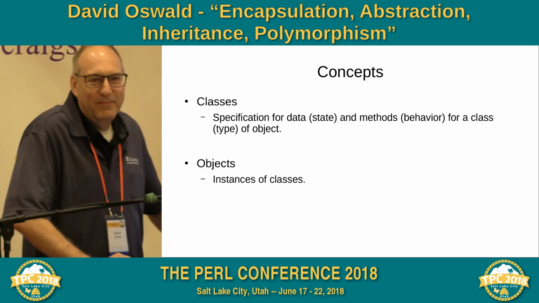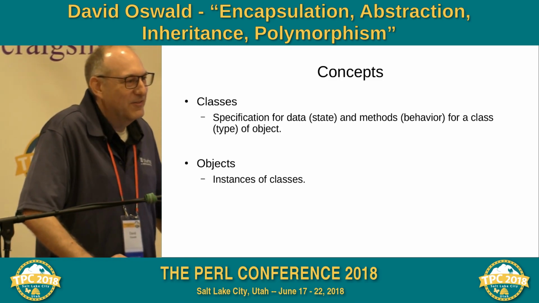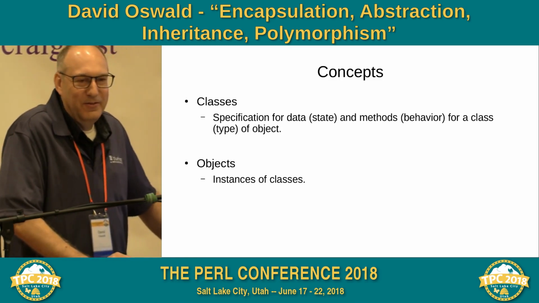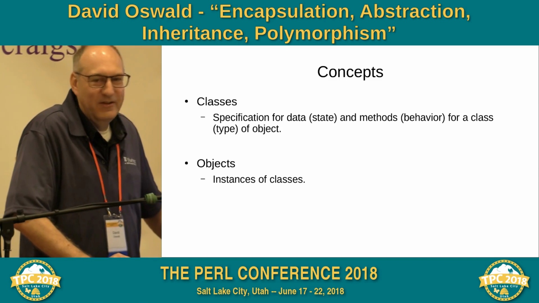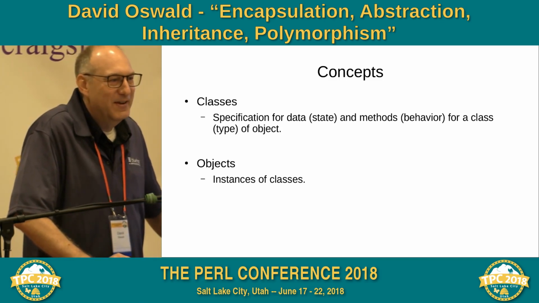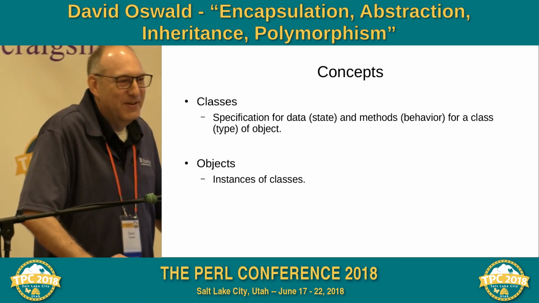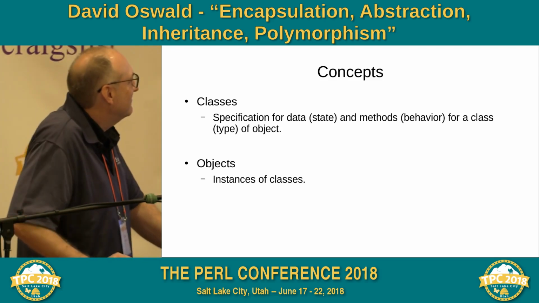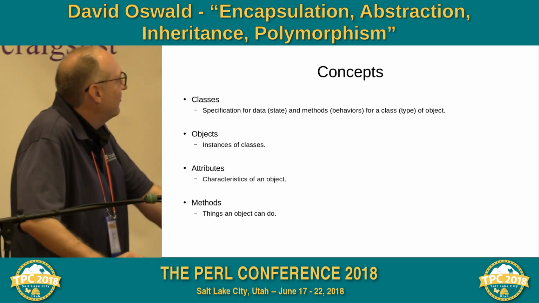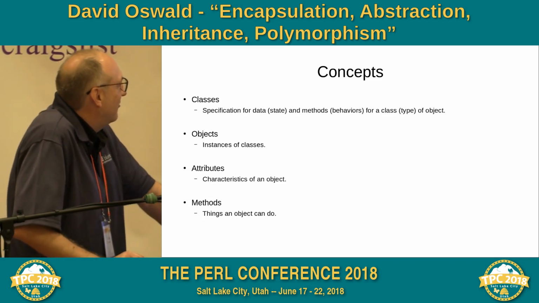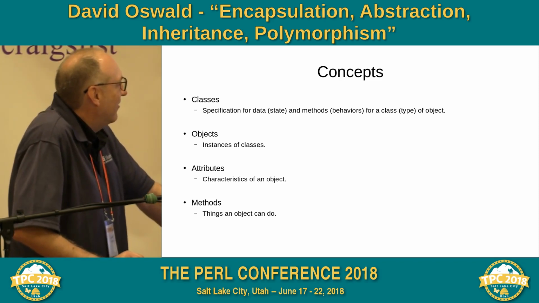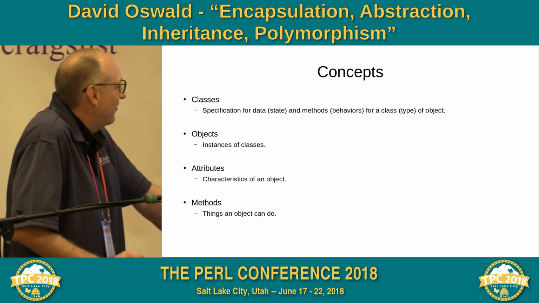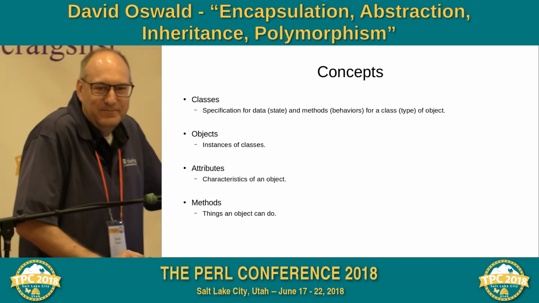So a goat might be a class, whereas I don't have any goats, but my neighbor's goat named Chops might actually be an instance of a goat, right? Okay, so classes are specifications of data state, objects are instances, attributes are the characteristics of an object, and methods are things that an object can do.